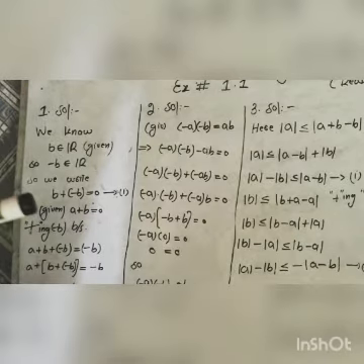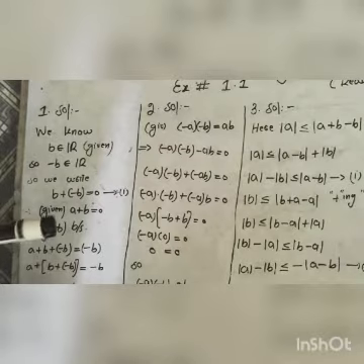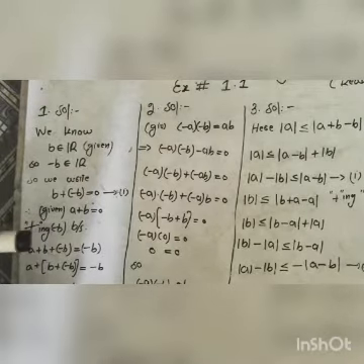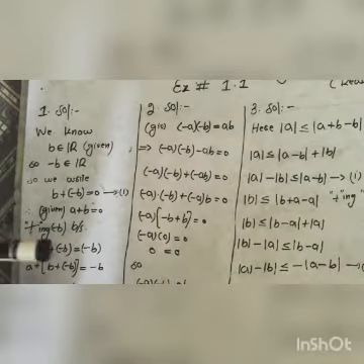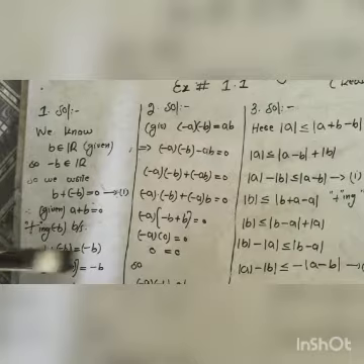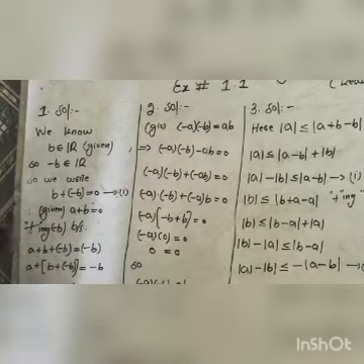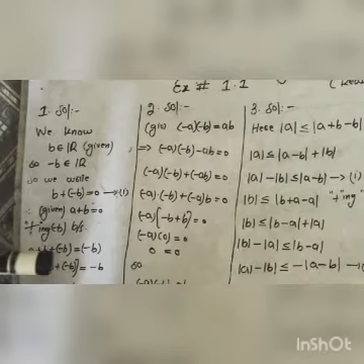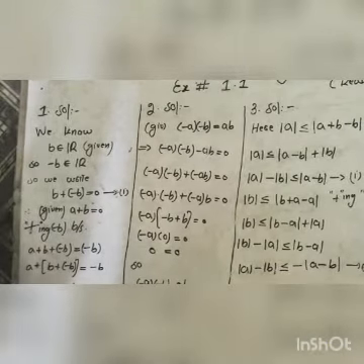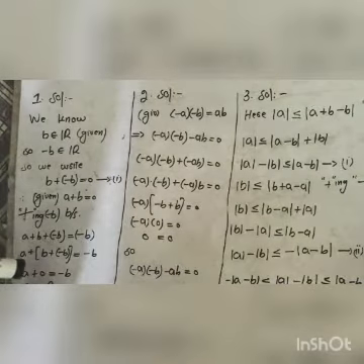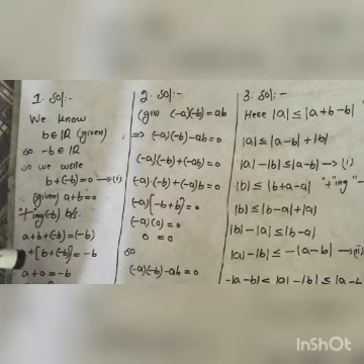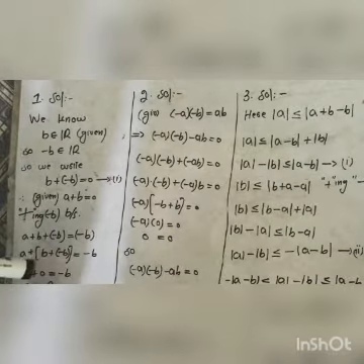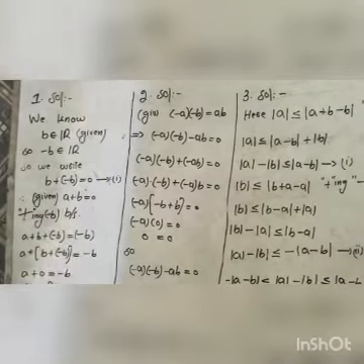In this equation we add minus B on both sides. Then the equation becomes A plus B plus minus B is equal to minus B. Here we write A plus, in brackets, B plus minus B, which is equal to minus B. Then the answer of B plus minus B will be 0, this is given.